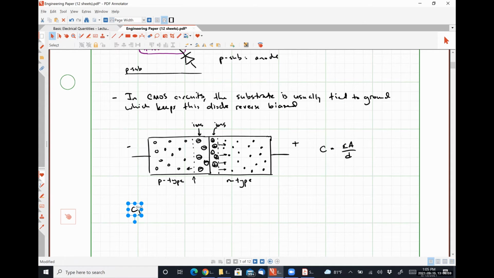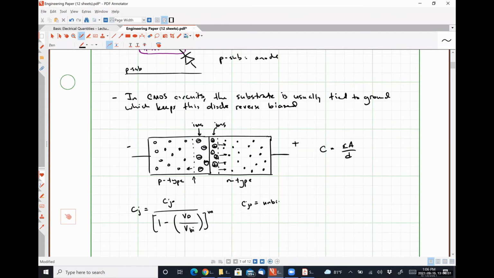Cj is equal to Cj naught divided by (1 minus Vd over Vbi) to the mth power, where Cj naught is the unbiased junction capacitance.